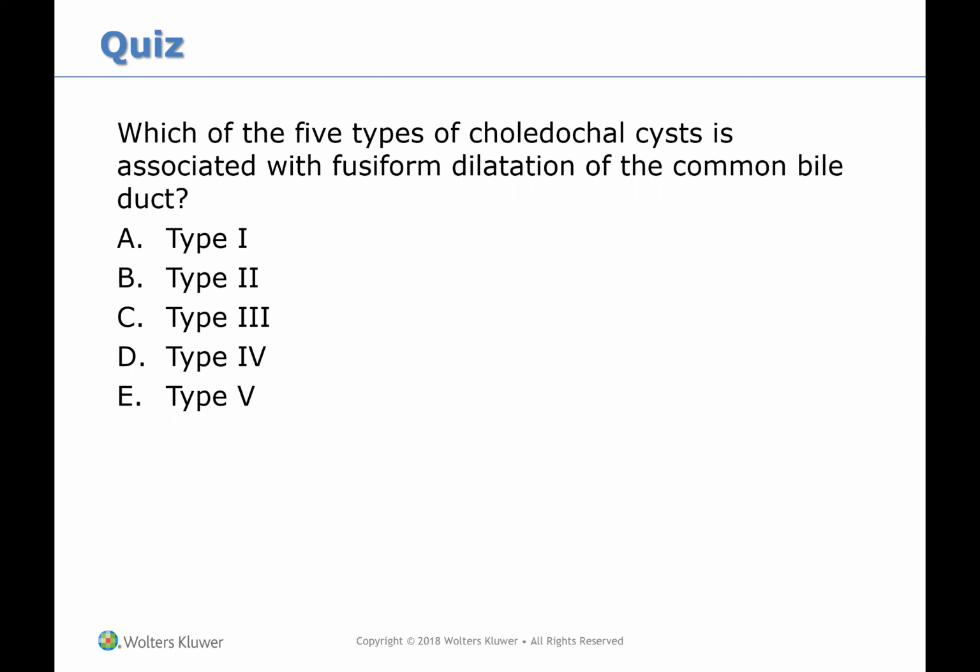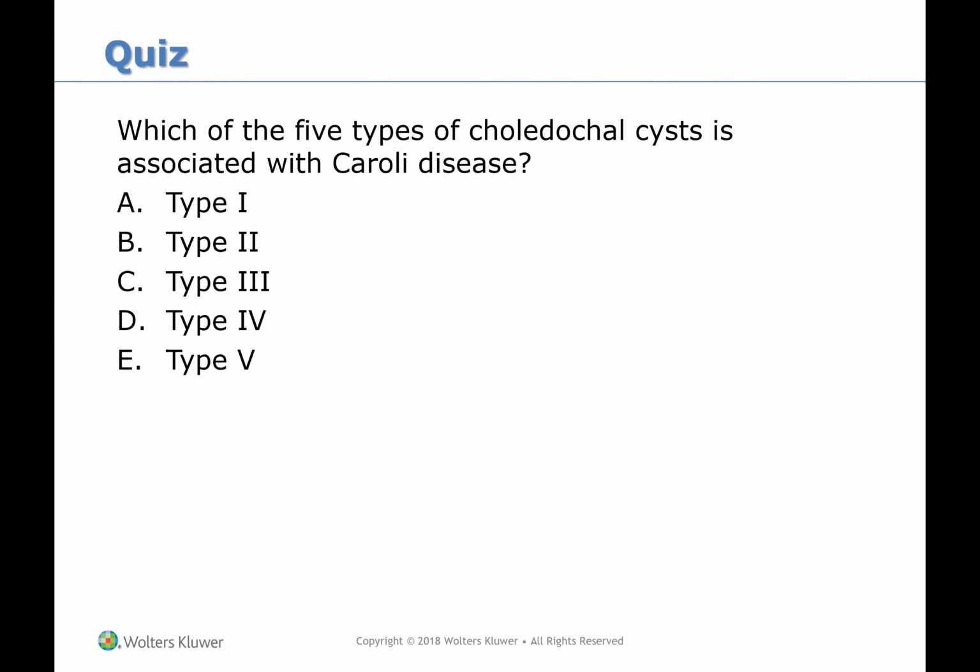If you said type 1, you are correct. And which of the 5 types of choledochal cyst is associated with Caroli disease? And it is type 5. So know the most common kind of choledochal cyst and know what Caroli disease is and which type of choledochal cyst is that, which is type 5.